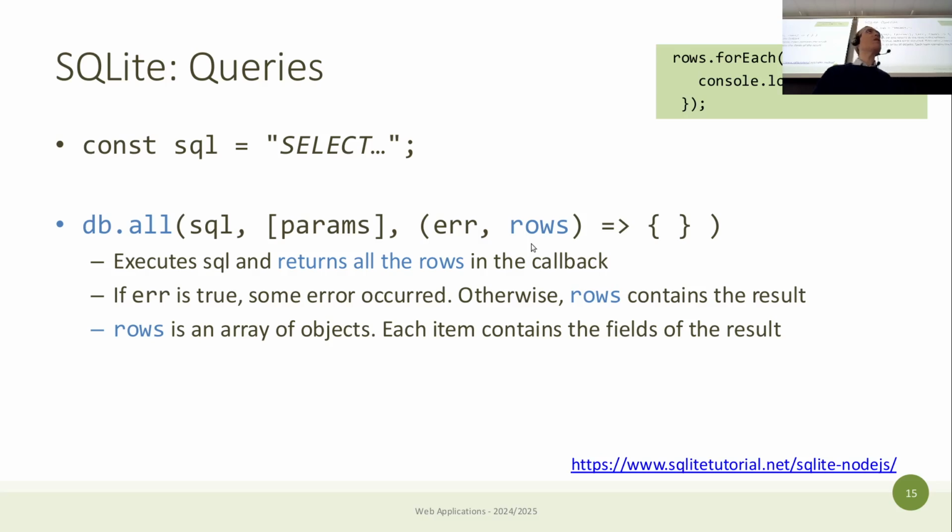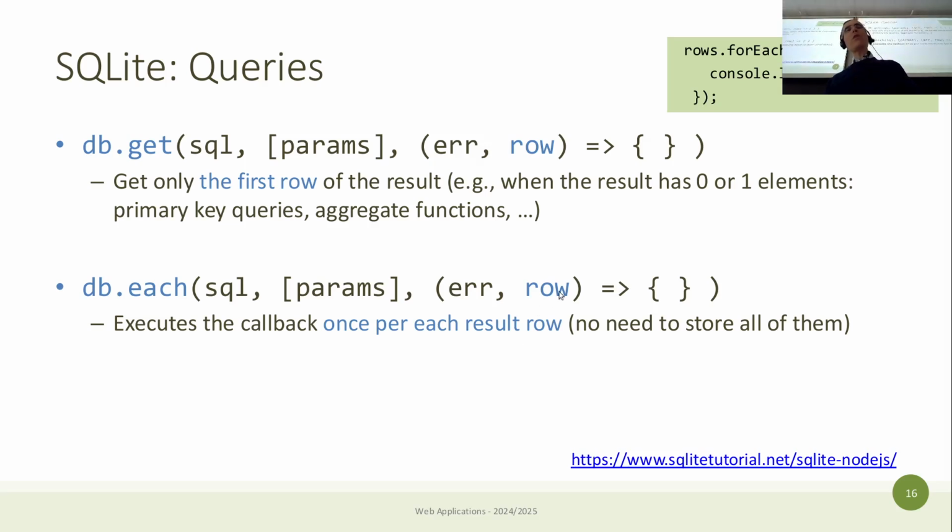It depends on how people developed the package. They thought it would be useful to have both: all, to return the whole table in a single call as a single parameter, or just to have the callback called again for every row, especially when you have many rows. That depends on what you want to do.